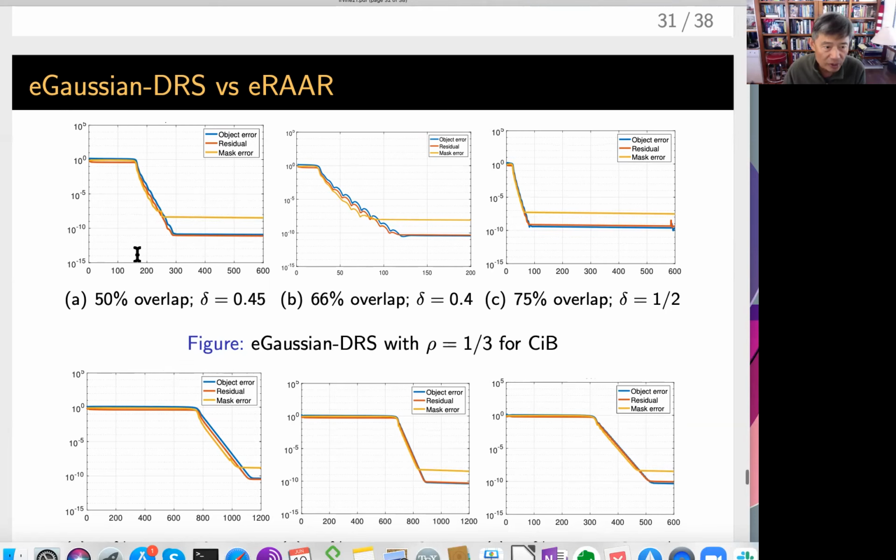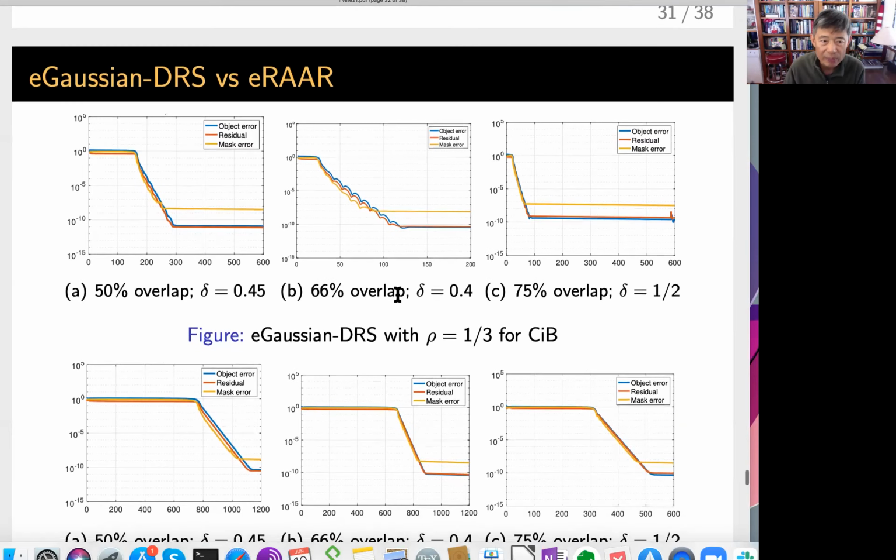As usual, if you increase the amount of overlap, the convergence is much faster. This one is about 100 steps, and it starts decreasing at a much earlier stage. If you keep overlapping more, at 75%, you get to much lower levels of error in a lot fewer steps.